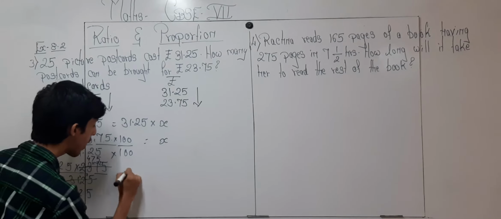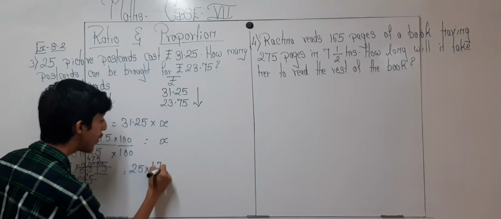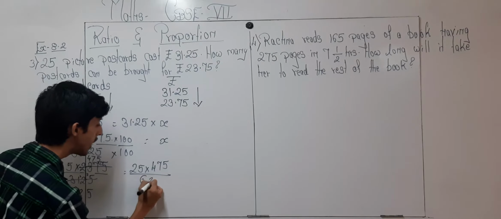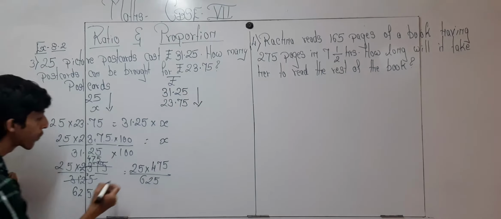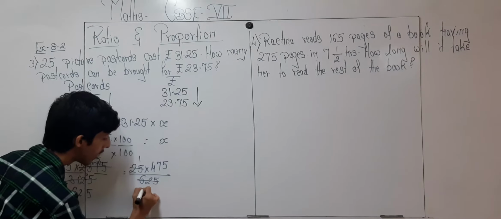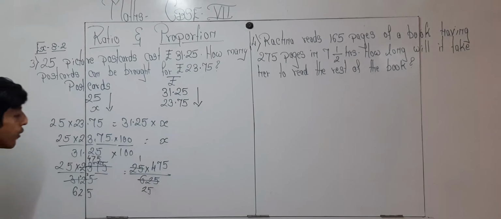So it is 25 multiplied by 475 upon 625. Now 25 1 are 25, and 25 25 are 625.